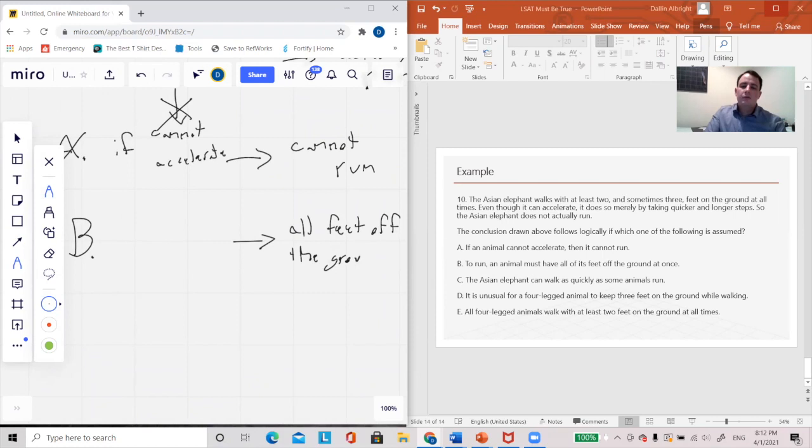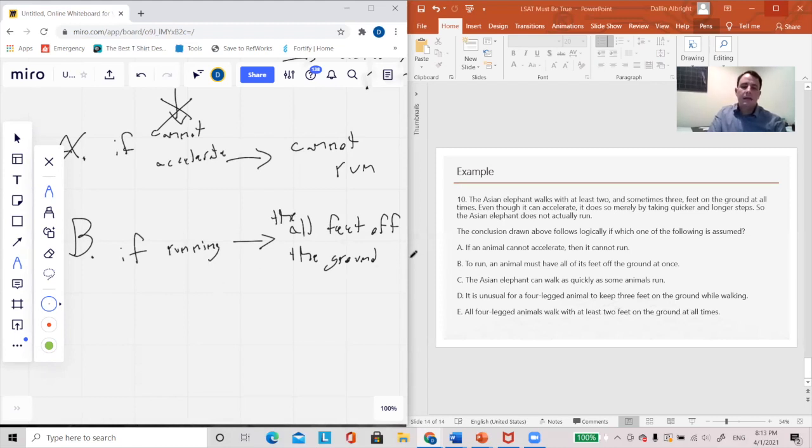And notice this conclusion doesn't line up neatly with the conclusion that this statement wants to make. But if we look, to run, an animal must have all of its feet off the ground at once, we can interpret that as saying, if an animal is running or can run, then all feet have to be off the ground at once.